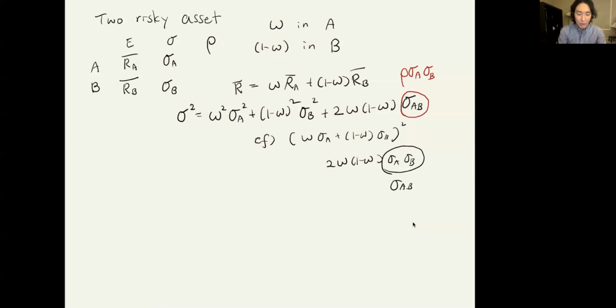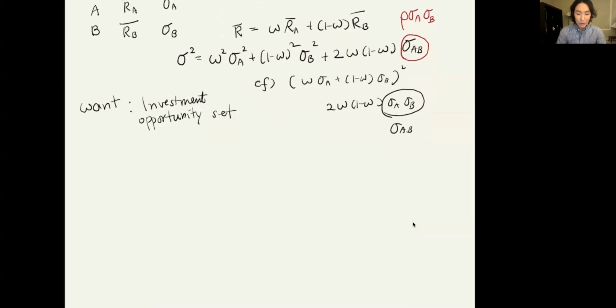Now, what do we want? We want the investment opportunity set. Again, what is investment opportunity set? It's a two-dimensional graph of expected return on the y-axis and the standard deviation on the x-axis.